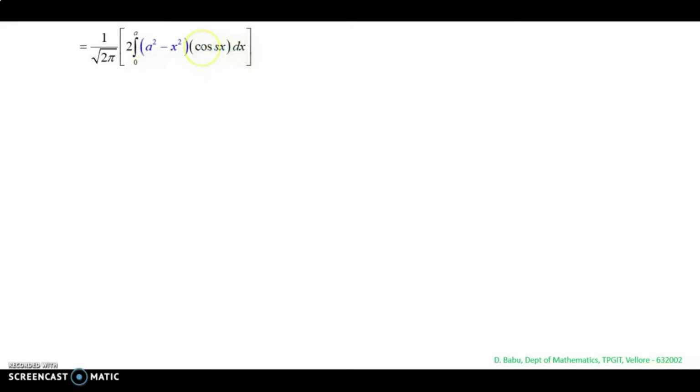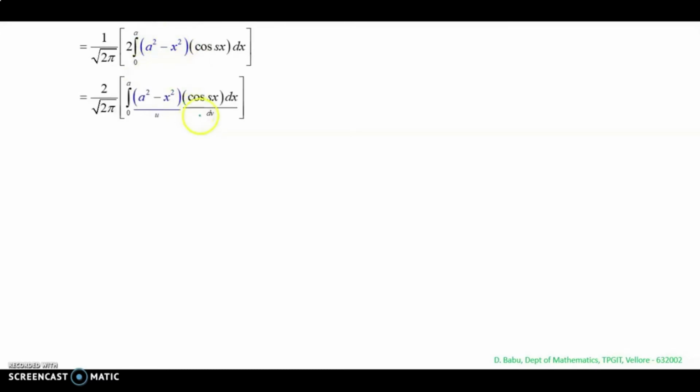If you choose cos as u, the differentiation of cos is minus sin, then minus cos, then sin, then cos; it never ends at 0. Therefore, we cannot choose cos as u. For a square minus x square, the first differentiation with respect to x is minus 2x, the second is minus 2, and the third is 0. So it converges to 0. Therefore, we choose a square minus x square as u.